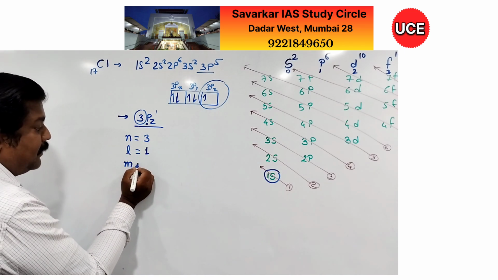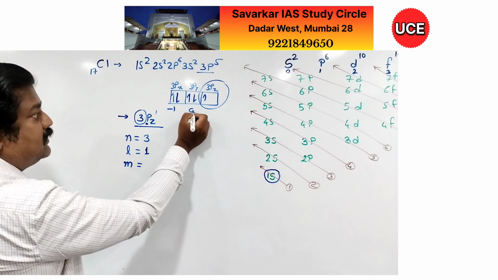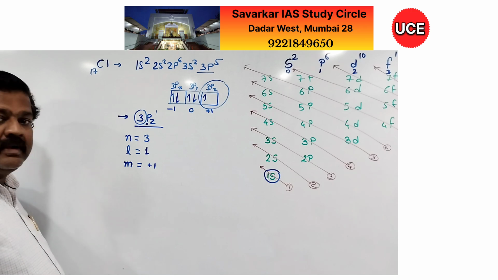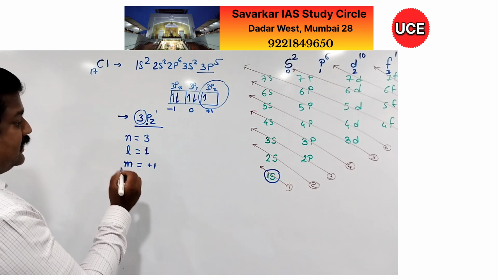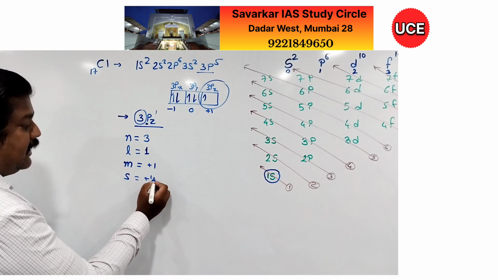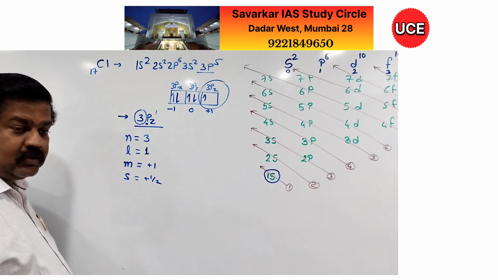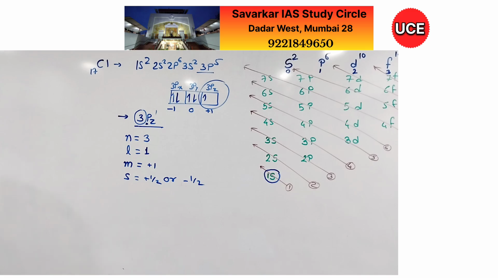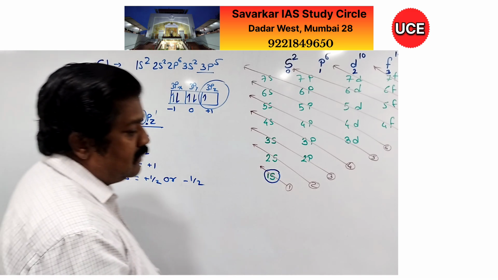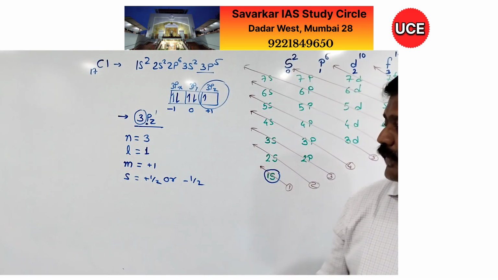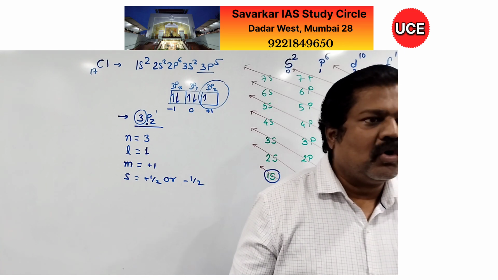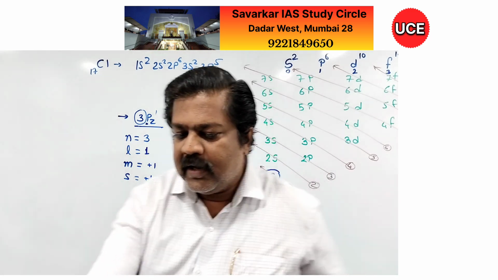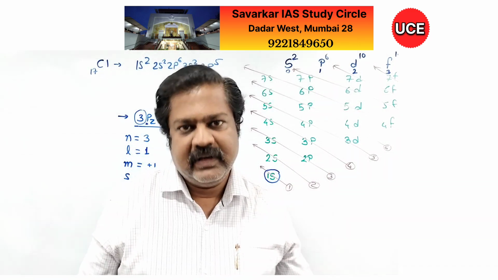Now the magnetic quantum number, you are aware, is -1, 0, +1. So with this terminology, it can be +1. And lastly, the spin quantum number, that I don't know because the electron is unpaired. So it can be clockwise or anti-clockwise. So like that, we can find out from this data all 4 quantum numbers of the last electron of chlorine. Same way, now you carry out the exercise in the same fashion.